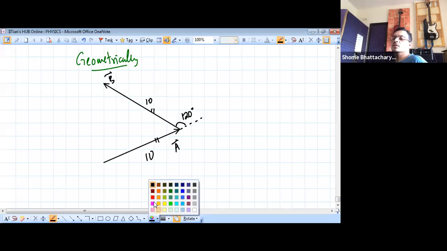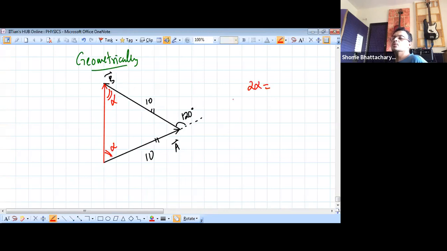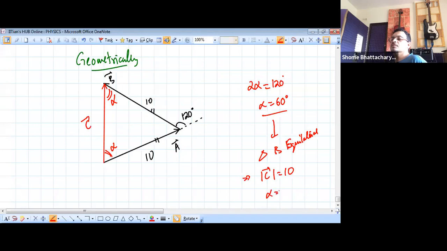Without solving triangle law and all that, we can easily show that it's an equilateral triangle, because if these two sides are equal, then these two angles should be equal. So 2 alpha, their sum should be equal to the opposite exterior angle 120. So that means alpha is equal to 60 degrees each, so the triangle is equilateral. That immediately tells you that the magnitude of C is equal to 10 and alpha is equal to 60 degrees.